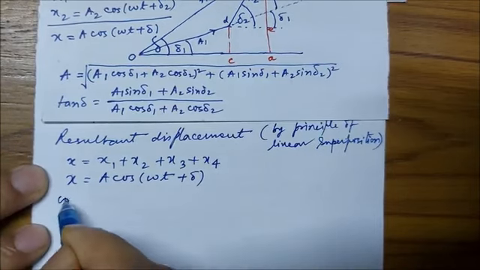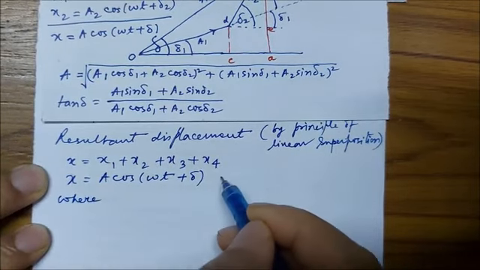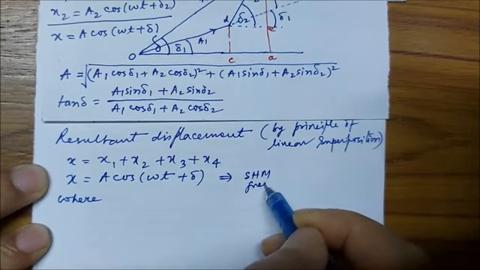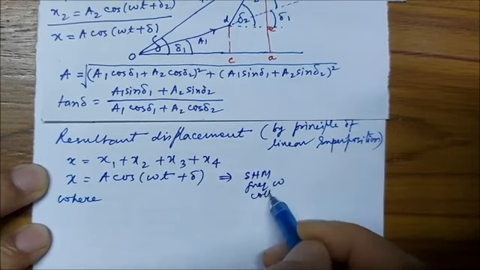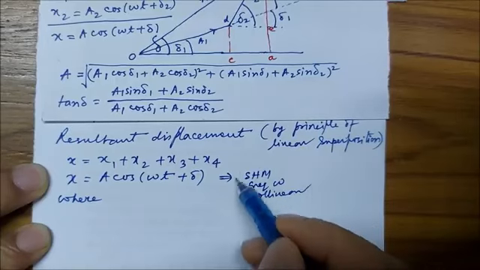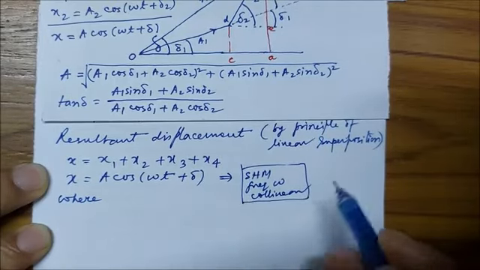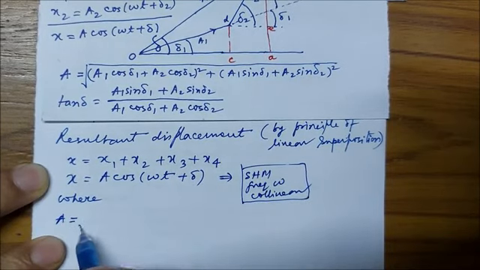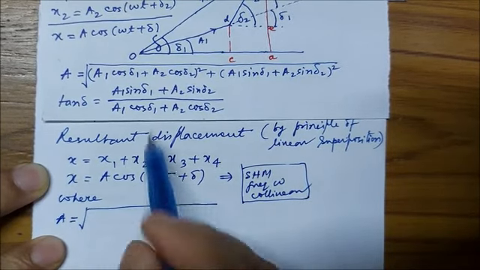where now this is SHM, same frequency and collinear, where the amplitude will be, we can obtain from here.